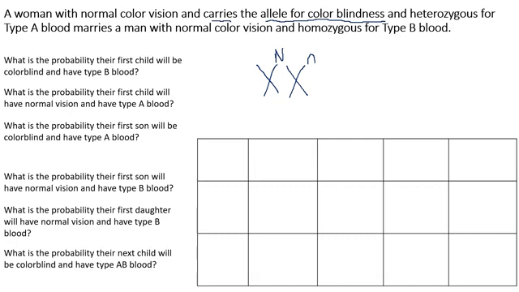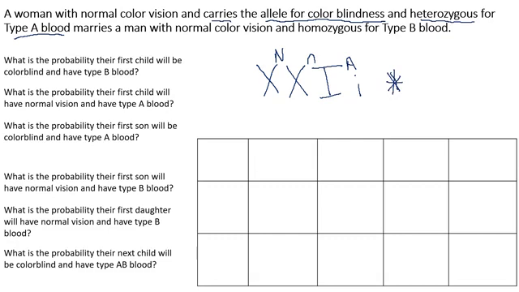Now let's look at the rest of her genotype. She is also heterozygous for blood type A. Remember that's shown with a capital I, and she's A. And since she's a heterozygote, she also has the O allele, which is recessive. Now, she marries a man, so there's going to be a cross, and we're going to look at the prediction for their offspring.